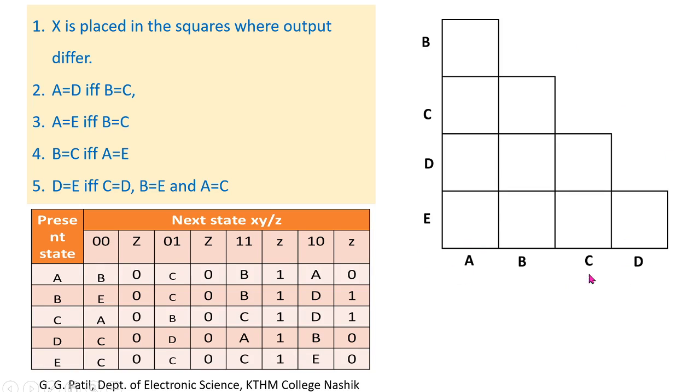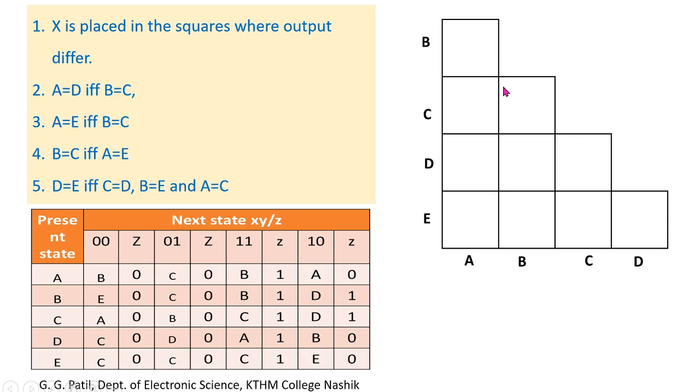Along the row we take all the states except the last one. Here the states are A, B, C, D, E. The last state is E, so that last state is not there. And along the vertical column, we take all the states excluding the first one, that is A. So B, C, D, and E, and accordingly prepare these squares. Okay, that we know very well.